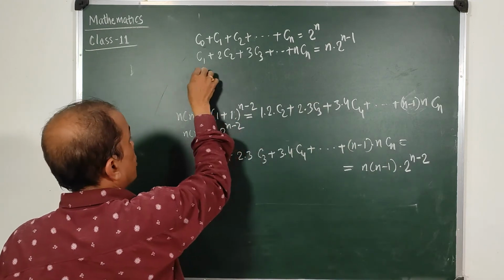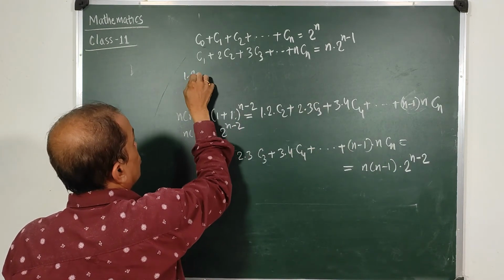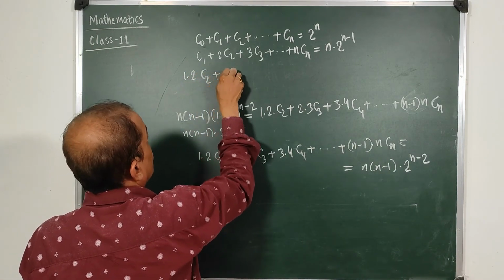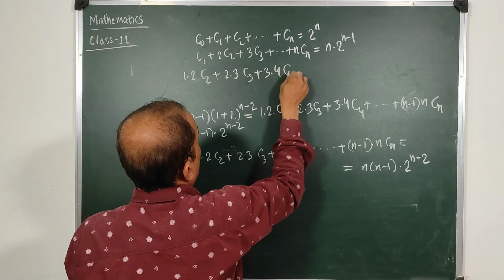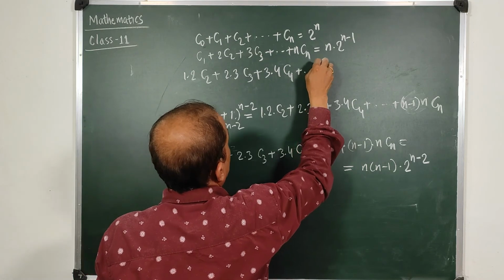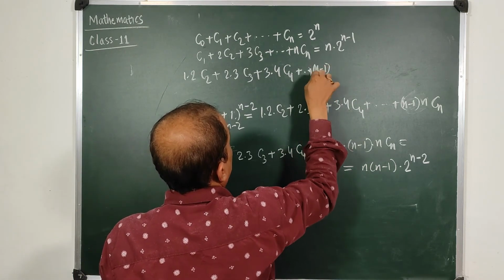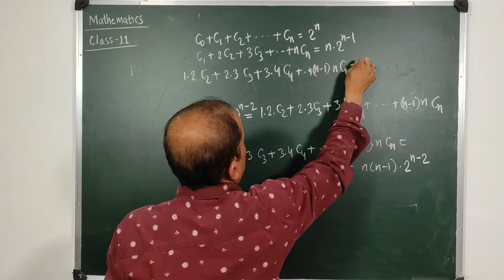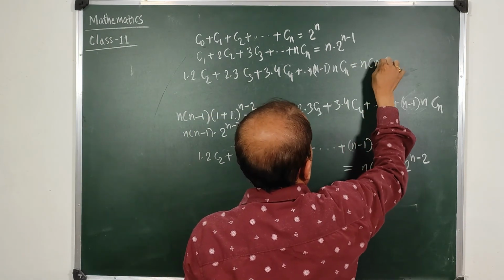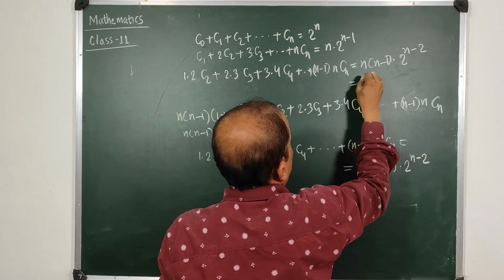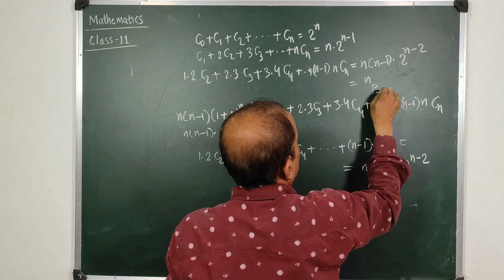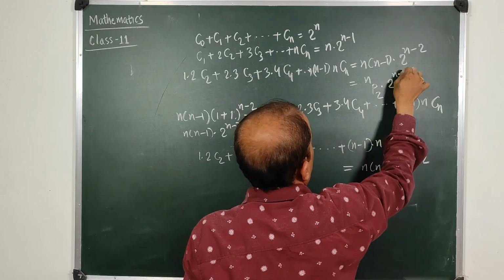So we got another expression: 1 into 2C2 + 2 into 3C3 + 3 into 4C4 up to (n-1) into n Cn is n into (n-1) into 2^(n-2). This can also be written as nP2 into 2^(n-2).